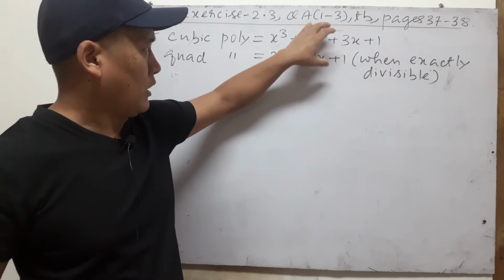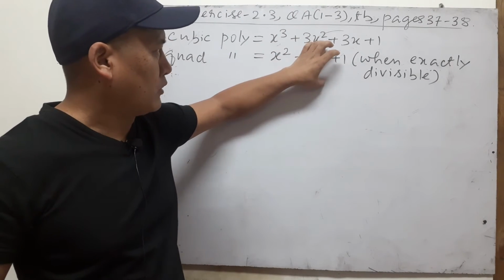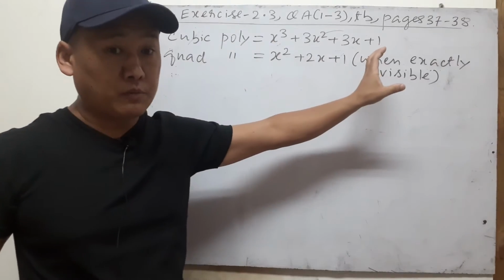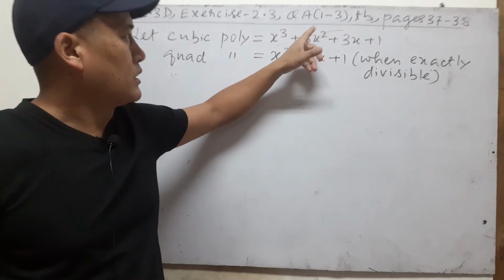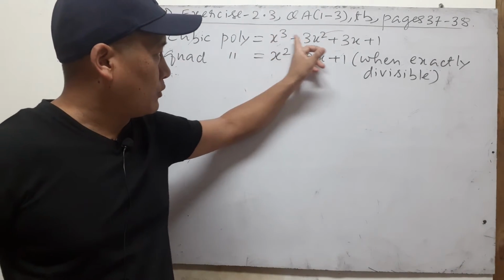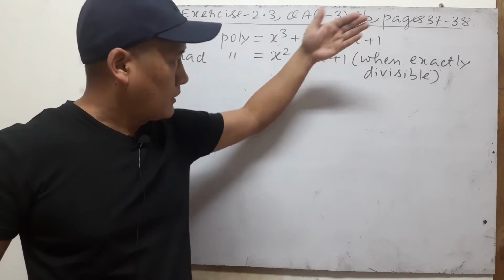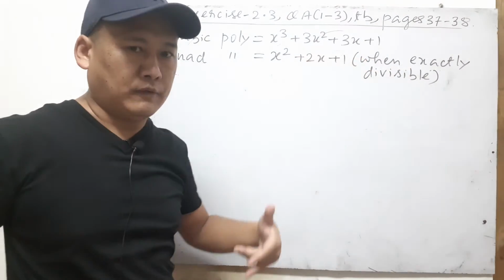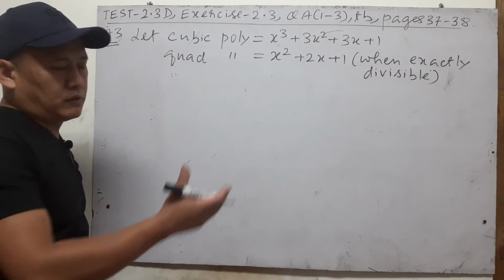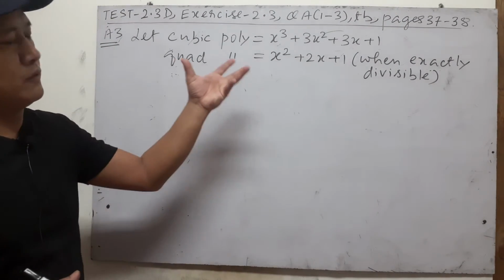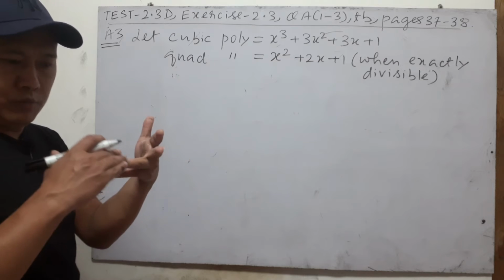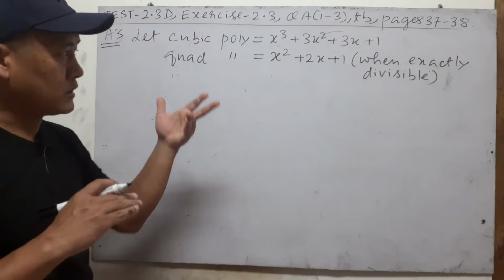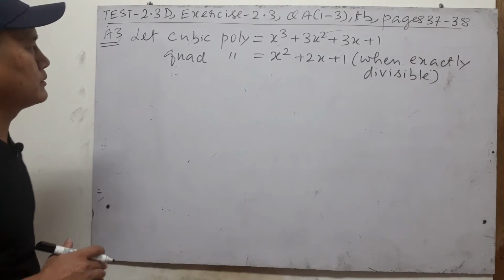I choose a cubic and a quadratic polynomial which may not be exactly the same as mine, but the condition should be the same: the cubic polynomial is exactly divisible by the quadratic polynomial, meaning there will be no remainder. So intentionally you have to choose them such that they are exactly divisible.